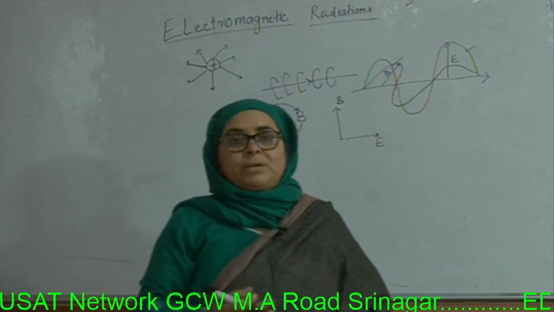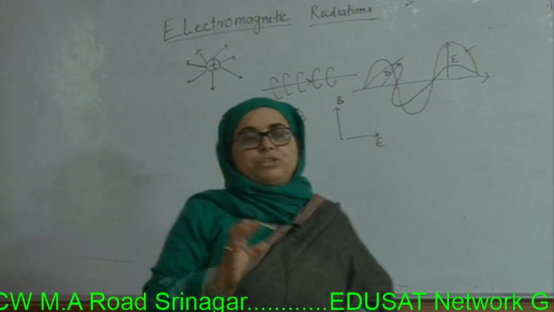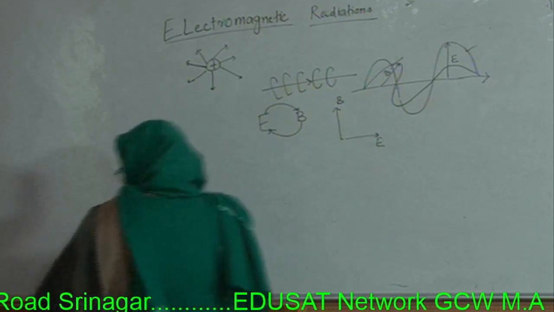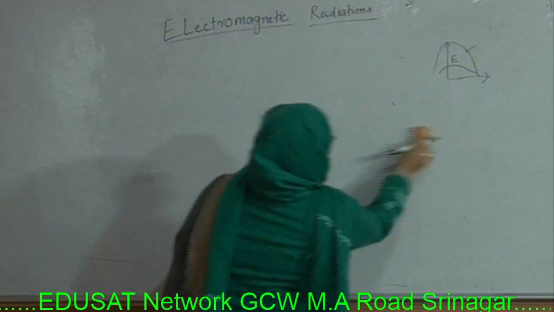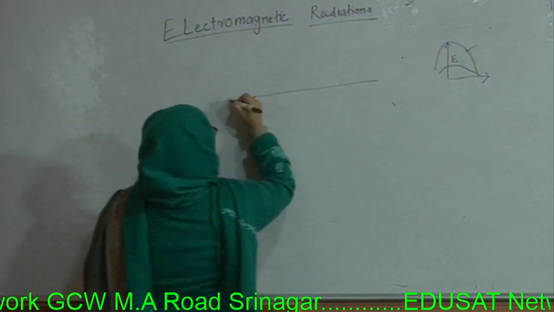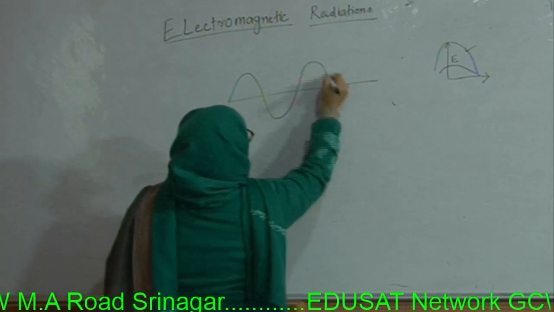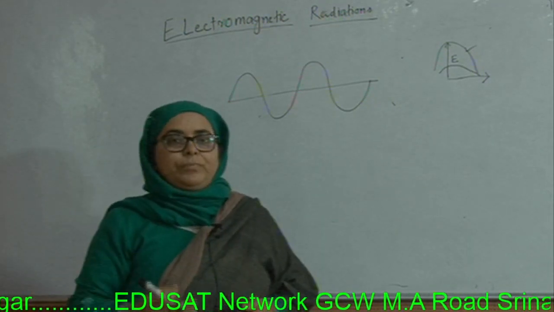Now, let's try and understand the features. What are the features of this electromagnetic radiation? For this, I will simply draw a transverse wave to represent an electromagnetic radiation.